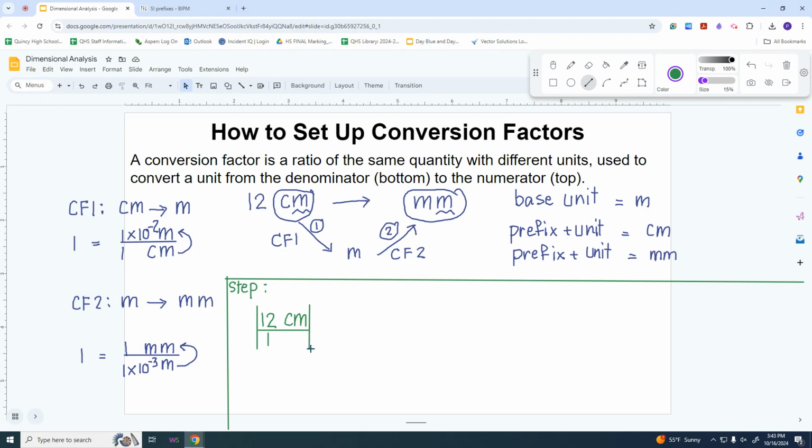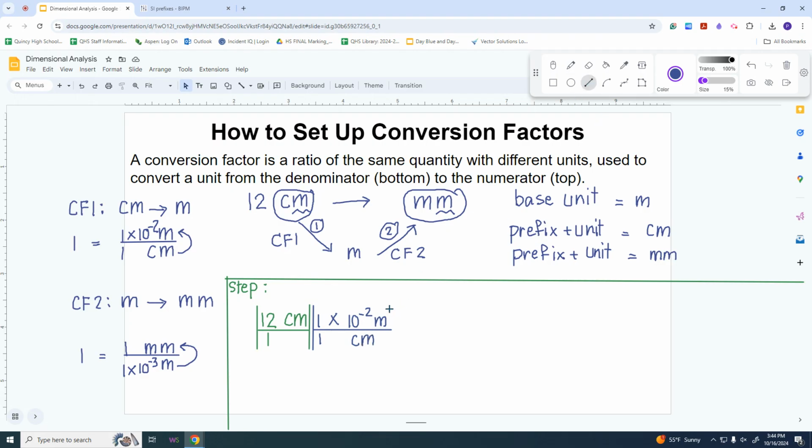Okay. And you are going to multiply by conversion factor 1 over here. We have worked out what conversion factor 1 is: 1 times 10 to the negative 2 meter over 1 centimeter, okay?